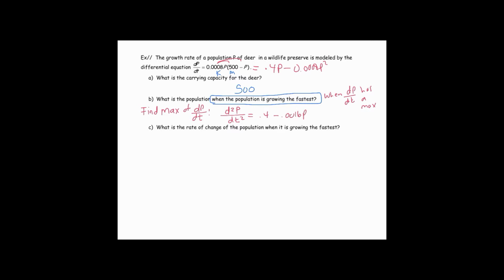Now first of all, notice that this is a parabola that opens down, so we can ignore the principles of finding a max. I'm pretty sure that we're going to find the max if we just set this equal to 0 and solve. So 0.4 minus 0.0016P equals 0.